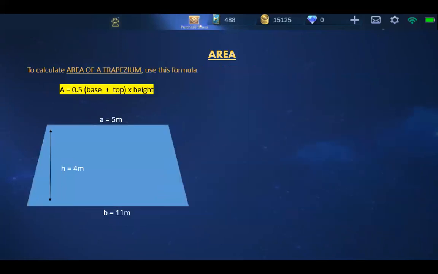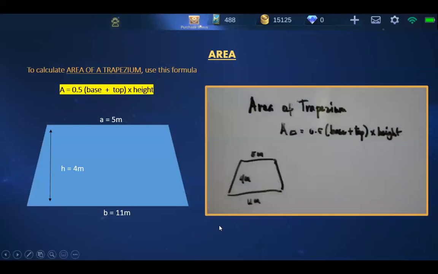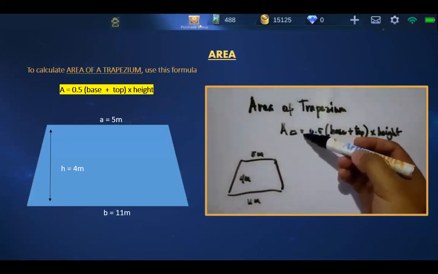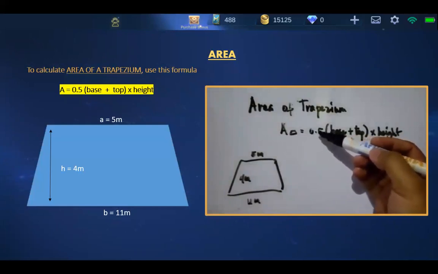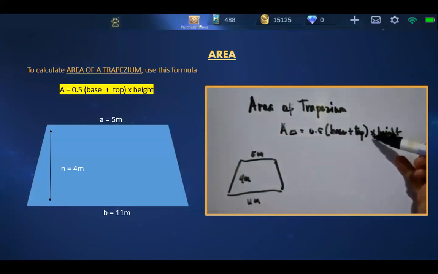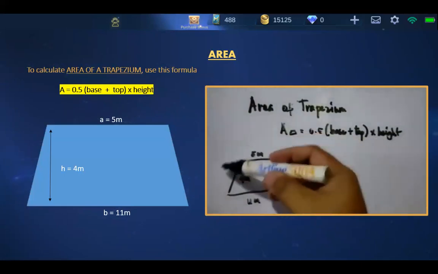To calculate the area of a trapezoid, use this formula. Area is equivalent to 0.5 times base plus top times height. To compute the area of a trapezoid, this is our formula. Area of trapezoid is equal to 0.5, that is a constant, times base plus top times height. So this is our problem.